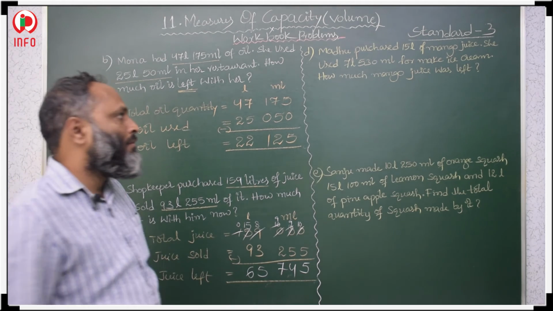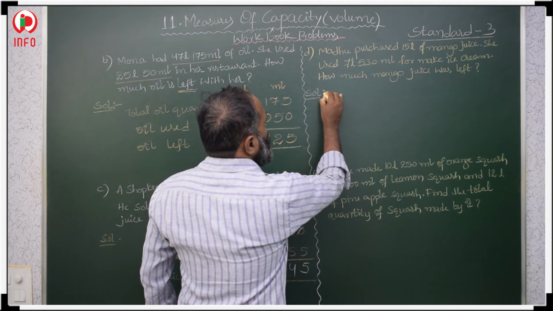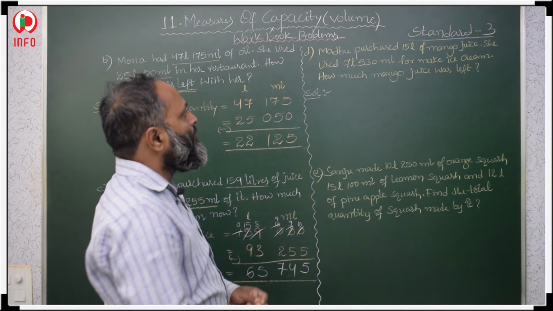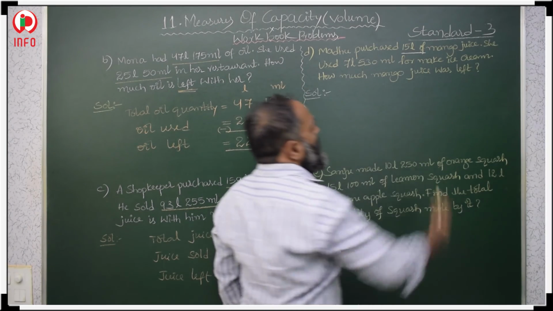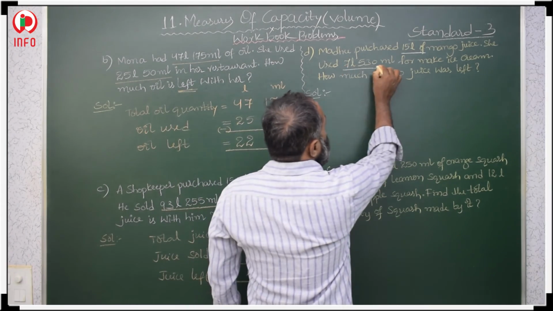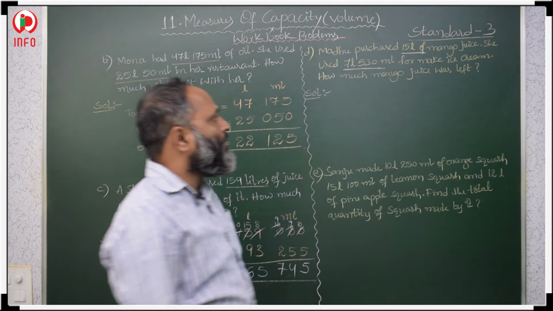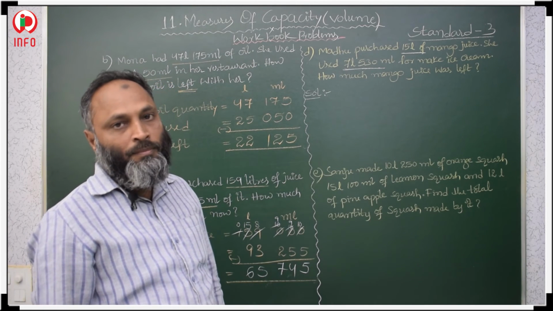Okay. Now, next, in the fourth question, Madhu purchased 15 liters of mango juice. This much mango juice he purchased. Of that, he used 7 liters 530 milliliters for making ice cream. How much mango juice was left?